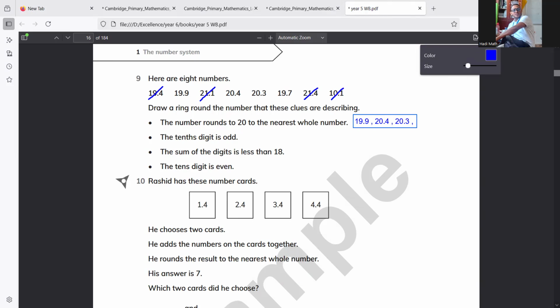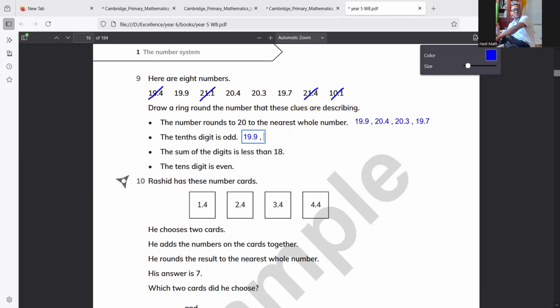Then they write 19.7, because the nearest whole is going to give us 20. And that's it. So we have those four numbers. Now from those four numbers, we're going to cancel some of them out. Or we can keep canceling in the first list also. Like the tenth digit is odd. 19.9, the tenth digit is odd, yes. Good.